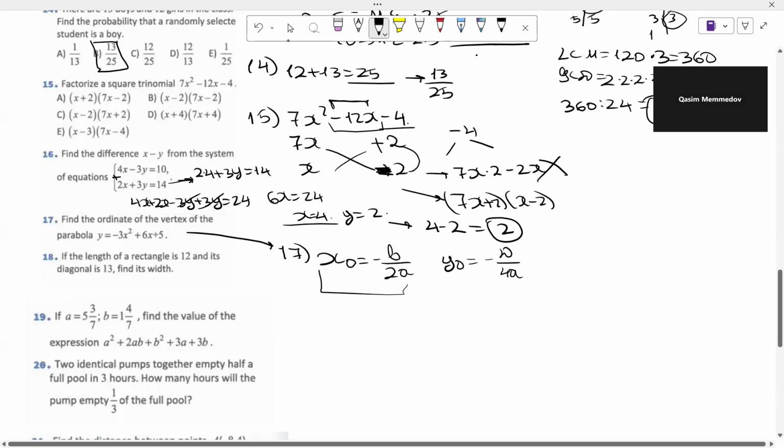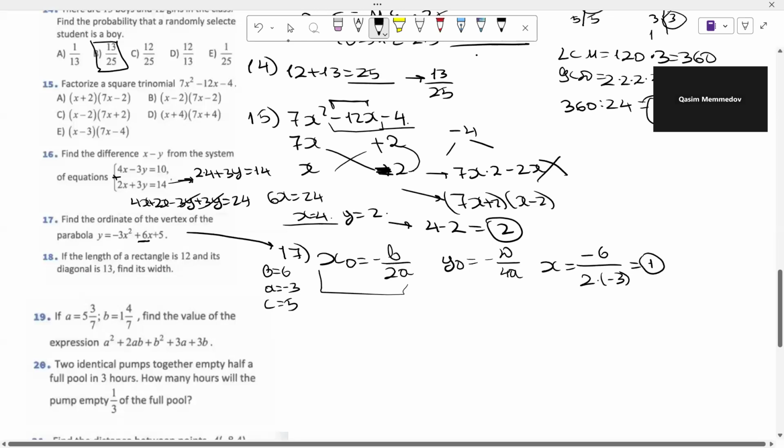I think that. Okay, the abscissa of the vertex equals negative 6 because b equals 6. Let me write b equals 6, a equals negative 3, and c equals 5. It equals negative 6 divided by 2 multiplied by negative 3, which equals 1.